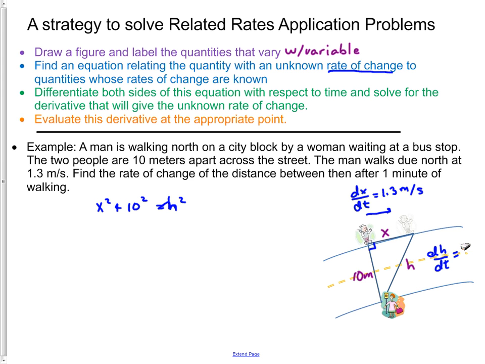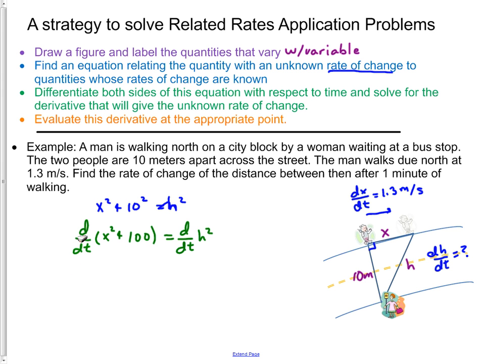Right, so we're interested in finding out, well, what is the rate at which this distance is going to change over time? Well, we're given dx/dt, we want to find dh/dt, so that means we're going to have to differentiate both sides of the equation with respect to time and solve for the derivative that will give us that unknown rate of change. If we take the derivative with respect to time of both sides, we've got the derivative of x squared plus 100 is equal to the derivative of h squared.